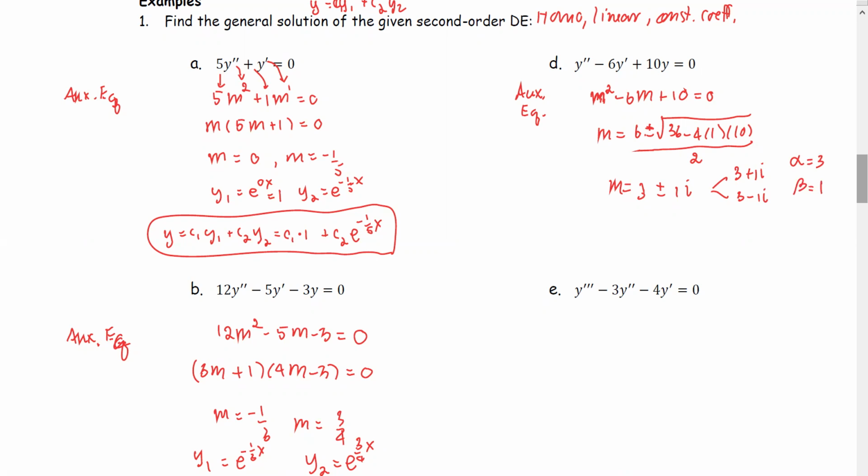The solution for this case is y equals e to the power of the real part, 3 times x, multiplied by c1 cosine of beta, from the imaginary part, times x, plus c2 times sine of 1 times x as well. Or just e to the 3x multiplied by c1 cosine x plus c2 sine of x.